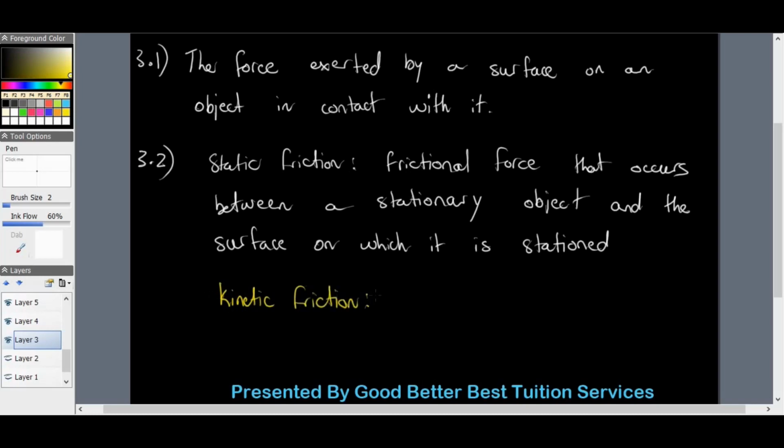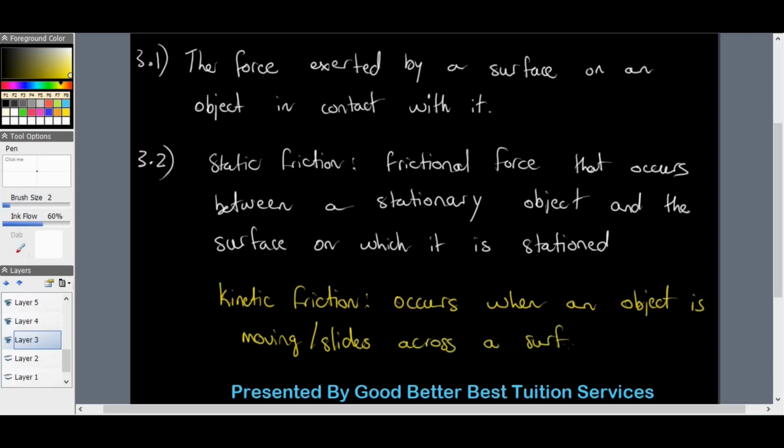It's obviously different. This is also a frictional force, but this occurs only when an object is moving, or you can say when an object slides across the surface.